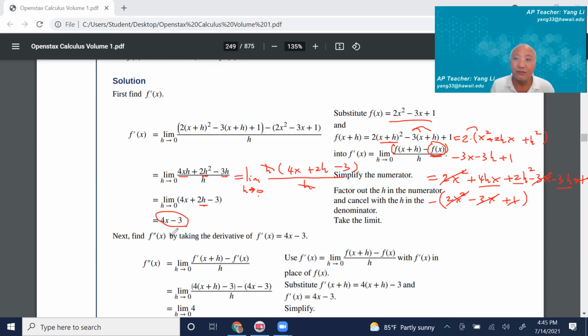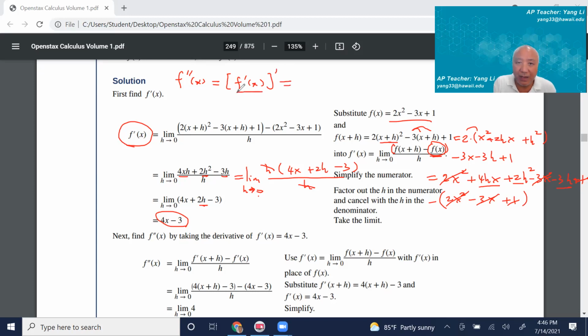And then we're going to do the second derivative. How do you do the second derivative? Remember the formula? We still follow the same formula. Just think of this first derivative as the function. We're doing the second derivative right now, which means you take this first derivative function and take the derivative again.